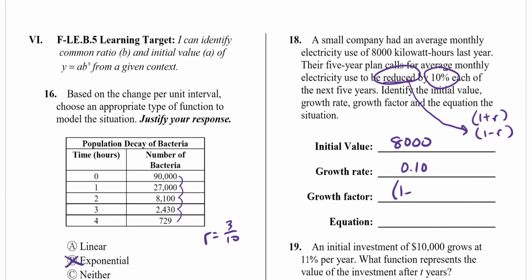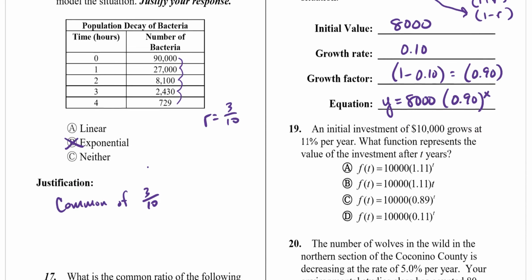So it's 1 minus 0.10, which is 0.90. And we put those together, our equation, y equals 8,000 times 0.90 to the x power. That is my function, or my equation, for the amount of energy used.